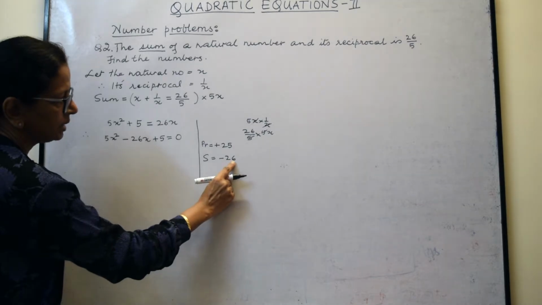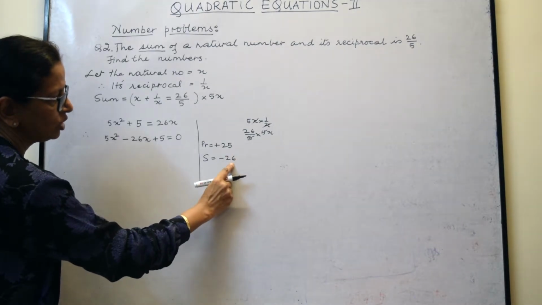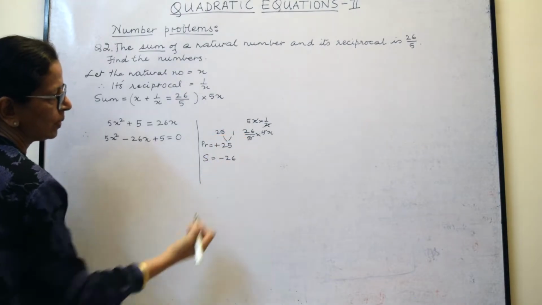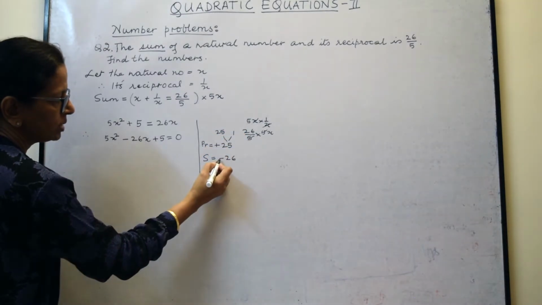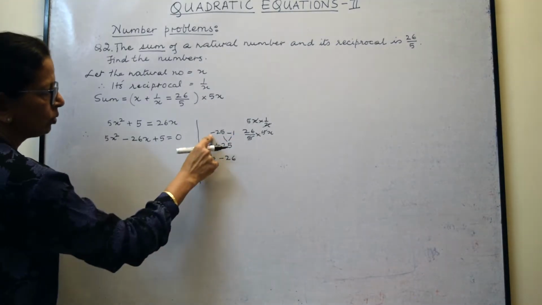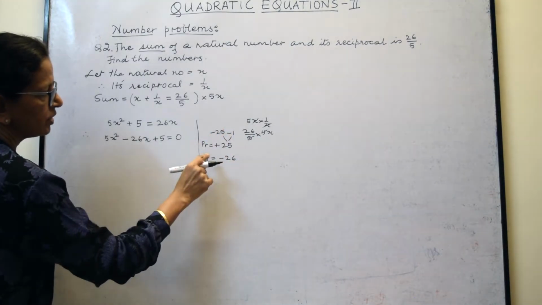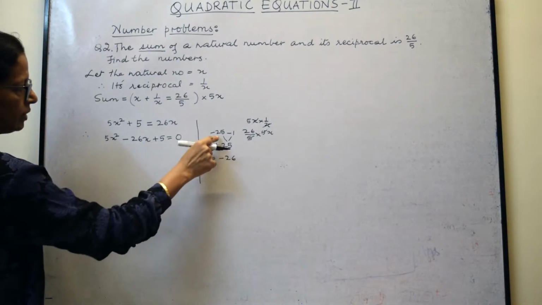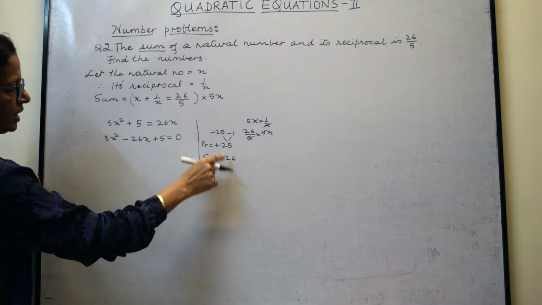And as you can see, this 26 is 25 plus 1. So if you factorize this as 25 and 1, and because the sum is negative, both of these numbers will be negative, and their product is going to be positive. And so you see that we double check the product and sum, everything is right.